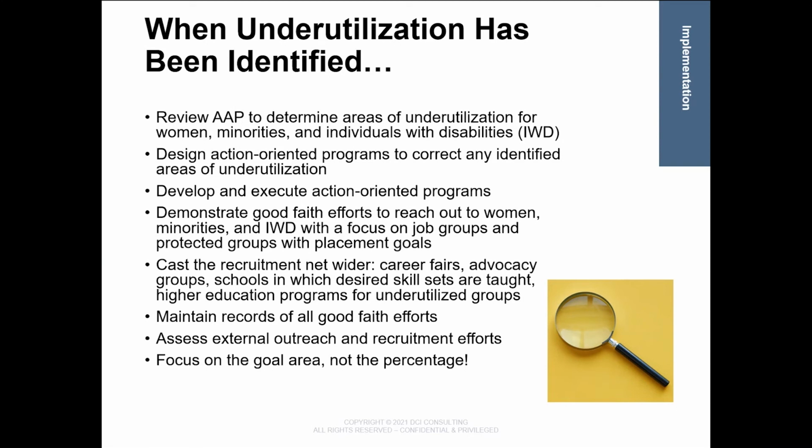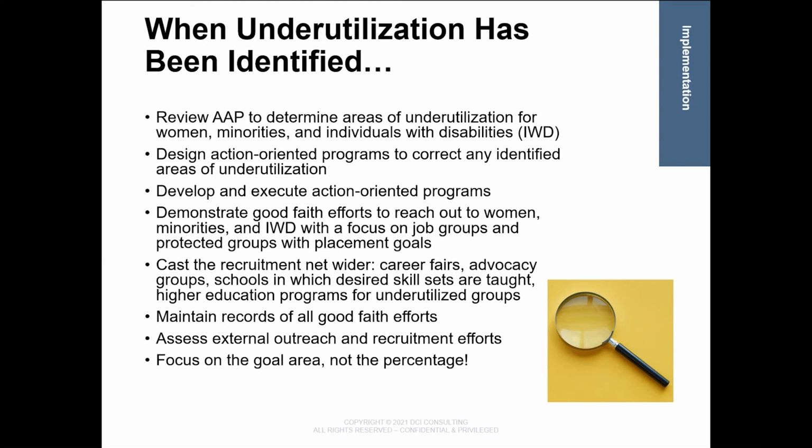Alongside the action-oriented program, ensure the organization is demonstrating good faith efforts to reach out to women, minorities, and individuals with disabilities with a focus on job groups and protected groups with placement goals. This can be achieved by casting the recruitment net wider, going to career fairs, engaging with advocacy groups, and recruiting from schools in which desired skill sets are taught.